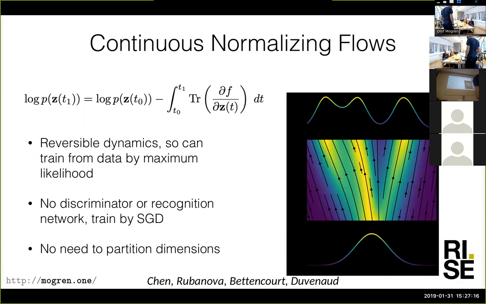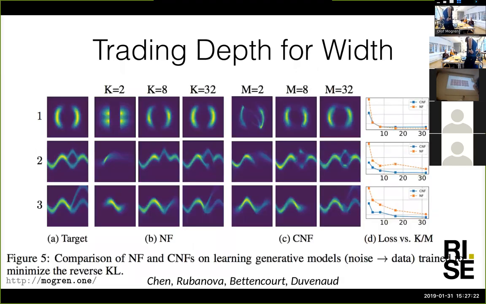Okay, so they show that this can be used as a generative model, and here are some results from the experimental evaluation. So here is the target distribution. These are the previous normalizing flows, which are not continuous, and the last three columns here are the continuous normalizing flows.